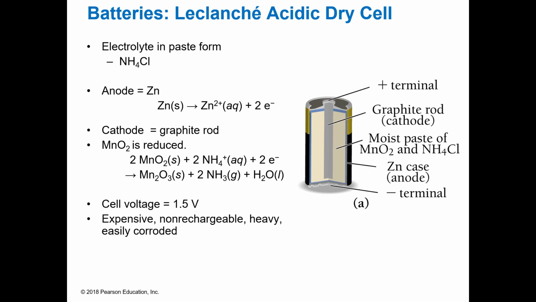Okay. So just look at that, and they talk about what the electrolyte paste is, and the cell potential for this is 1.5 volts. Okay. So what you kind of see here, if you look at this closely, here's your salt bridge, so to speak, the blue that separates this solution and the rod from the outside here.